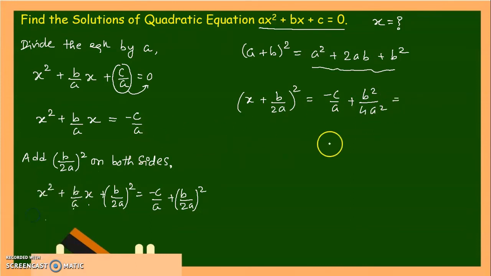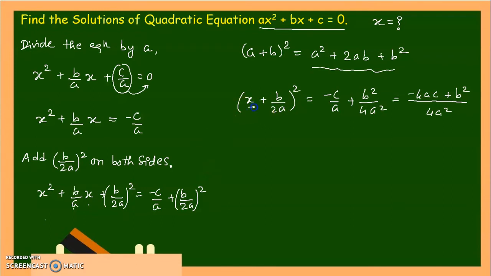If you take the LCM here, the LCM will be 4a square. So here we will multiply 4a with this c, so it becomes minus 4ac plus b square.